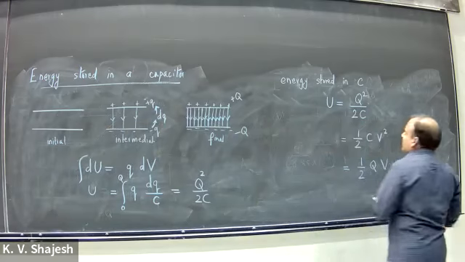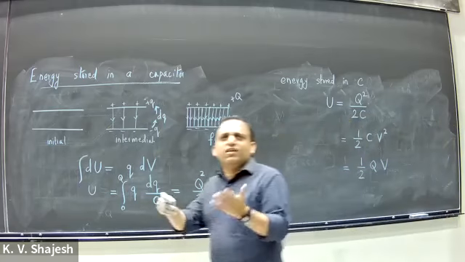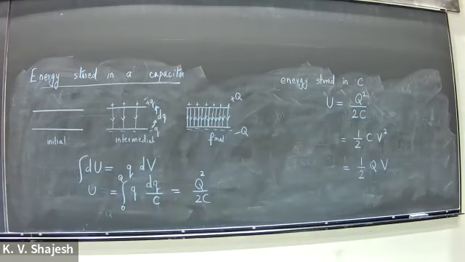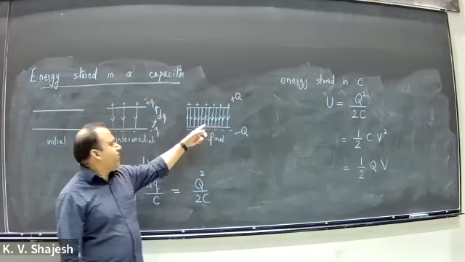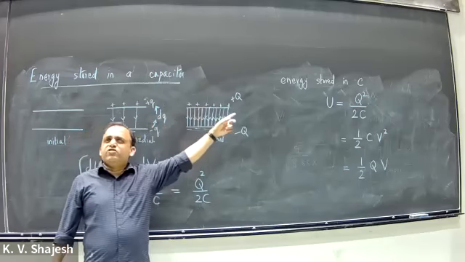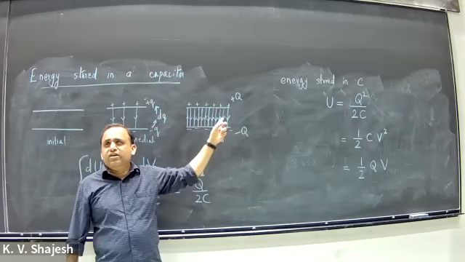This seems to suggest, at least this expression seems to suggest, that it is actually the charges, how much charge you place on the plate, that is deciding the energy. But I want to change that understanding a little bit and emphasize the fact that it is not really the charges, or another view of it is that it is actually the electric field that has energy.